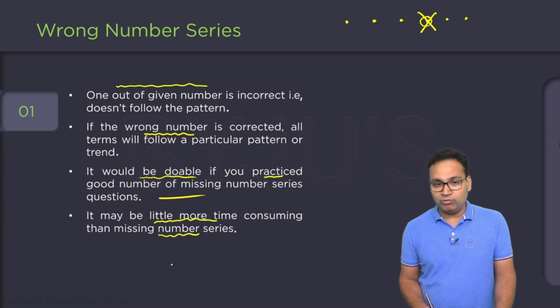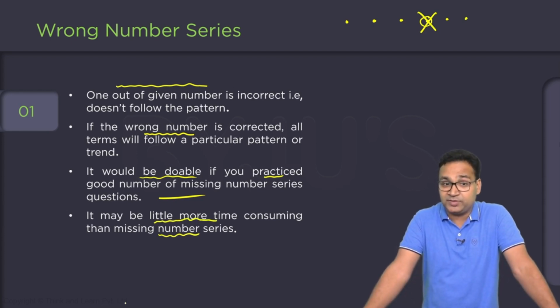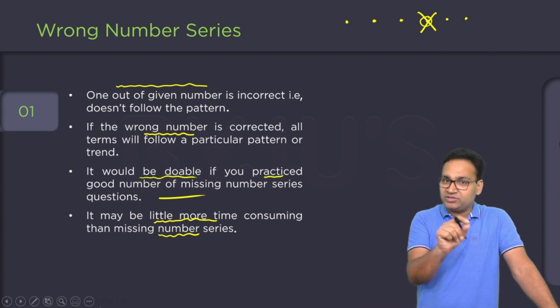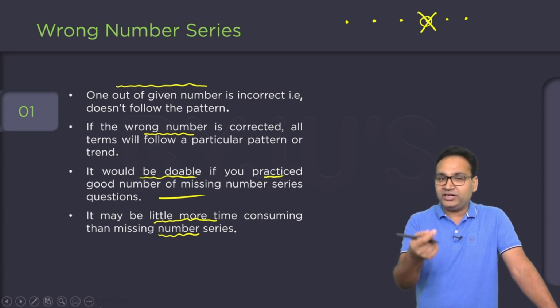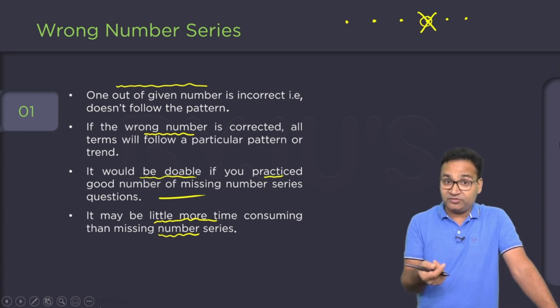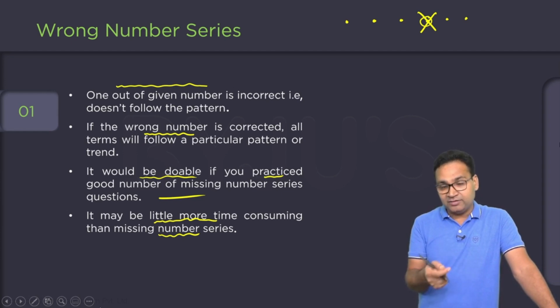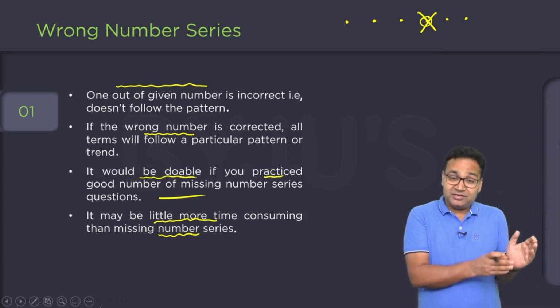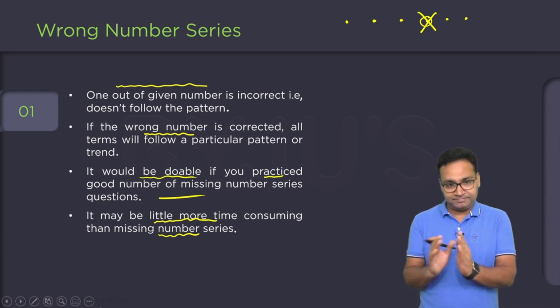Yes, I agree to this. It may be a little more time consuming than missing number series, because many times it happens that the first number that you started with unfortunately was a wrong number. Because of this, you cannot end up identifying the right pattern. So obviously it will be a little more time consuming, but is it a completely not doable category?